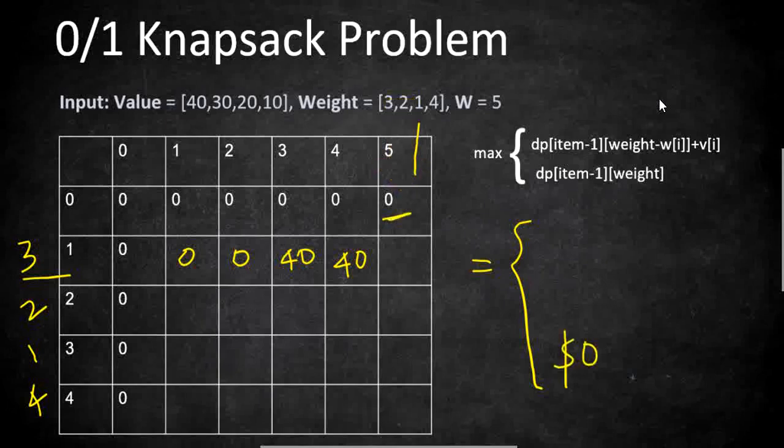And if we are picking the item, then we take the value of 40 plus the item's weight is 3 and the bag's capacity is 5. If you put the item 1 into the bag, you still have 2 kg left. If you go directly to the place where the item is 2 kg in the previous row, then the value is 0. So if you add 0 to 40, the maximum of 40 and 0 is going to be 40. So we are filling 40 here.